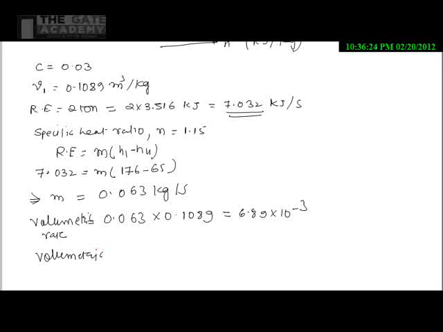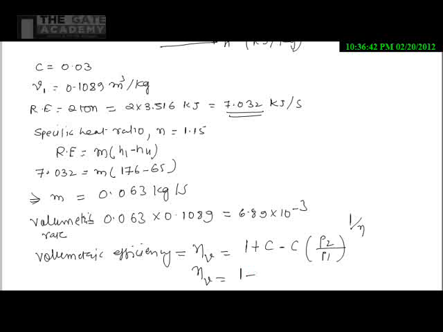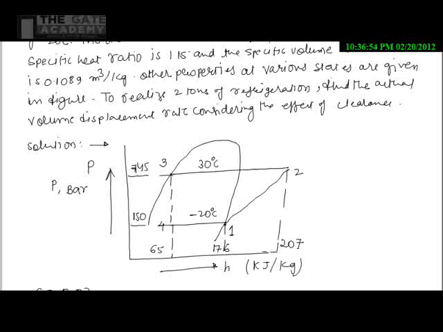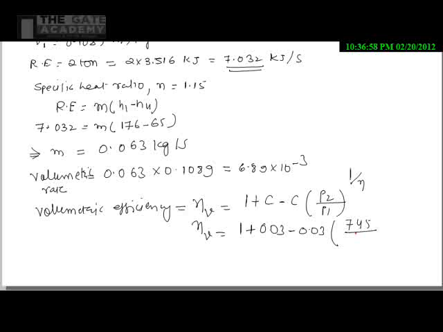Volumetric efficiency is NV equals 1 plus C minus C into P2 by P1 to the power 1 by N. So NV is 1 plus C, which is 0.03, minus 0.03 into P2, which is 745, as mentioned here, divided by P1, which is 150, to the power 1 by 1.15.